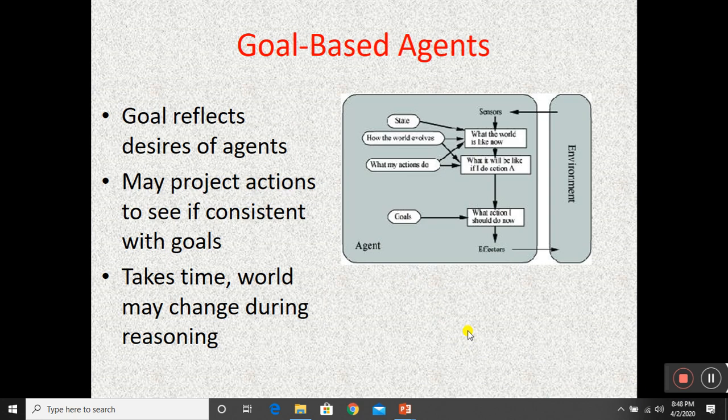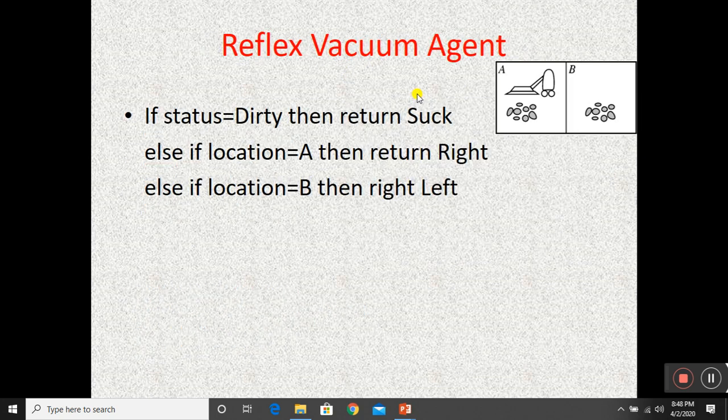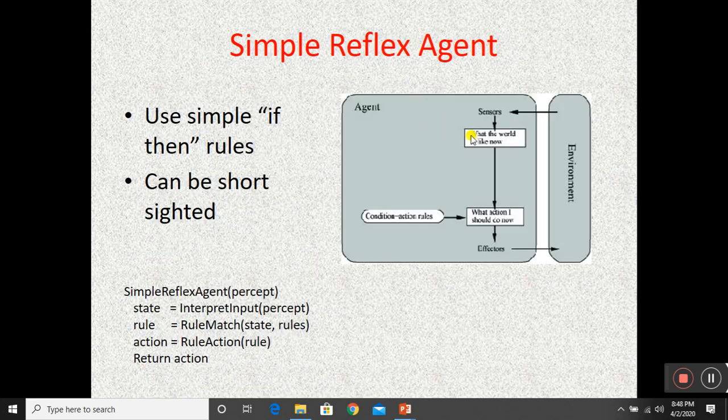Okay, dear students, we have the next agent, the goal based agent. So in goal based agent, we will first compare this diagram with the previous diagram. So look at this diagram carefully and look at this diagram carefully. This is reflex agent. And look at this diagram carefully.